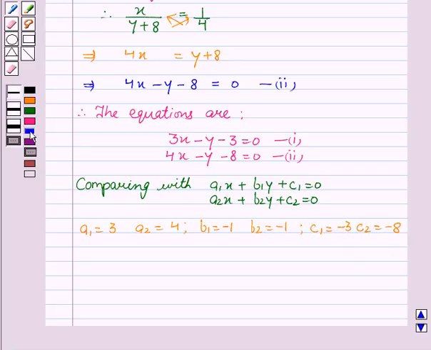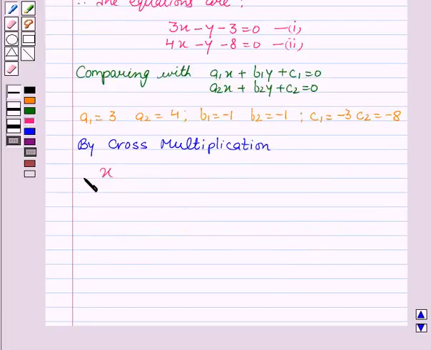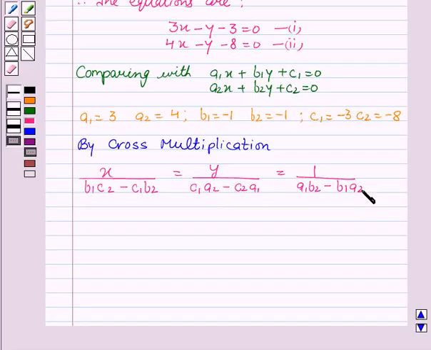Now, by cross multiplication, we have x upon b1c2 minus c1b2 equal to y upon c1a2 minus c2a1 equal to 1 upon a1b2 minus b1a2.